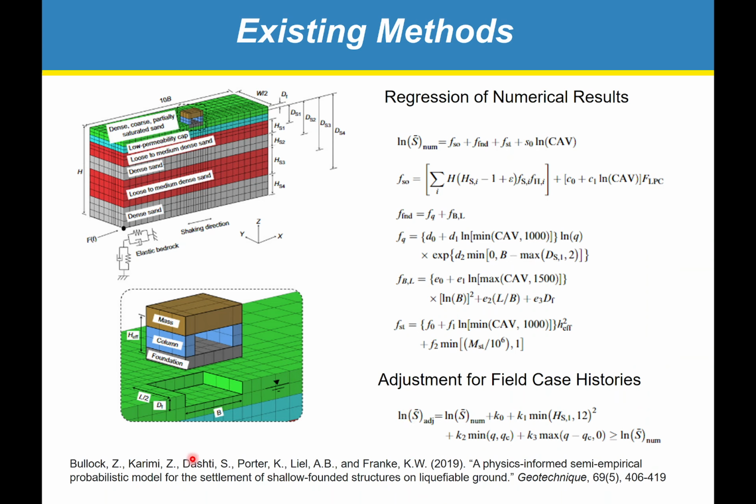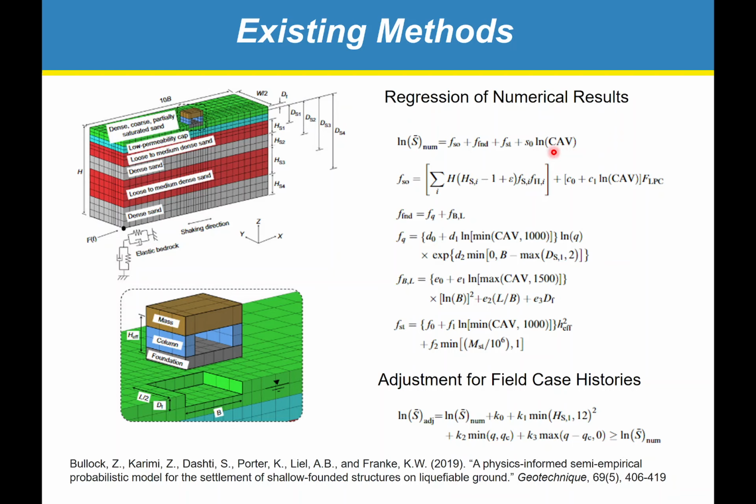Shade Dashty and her colleagues have done this in 3 dimensions. So this is a model showing a soil profile and then a 3-dimensional structure here. They've run a large number of numerical models using high-performance computing clusters and come up with equations to represent the numerical value of settlement. So these are regressions that give you the amount of settlement predicted by the numerical model.